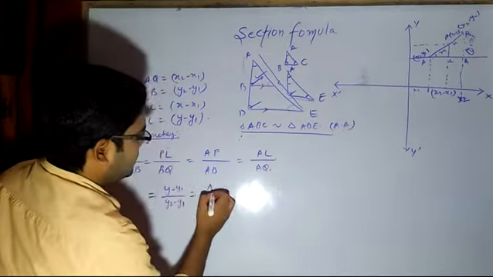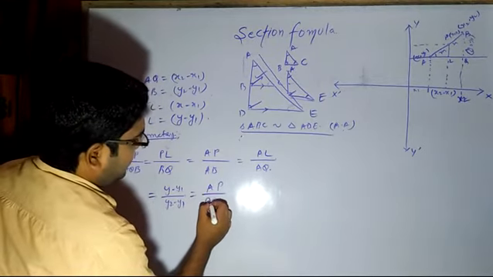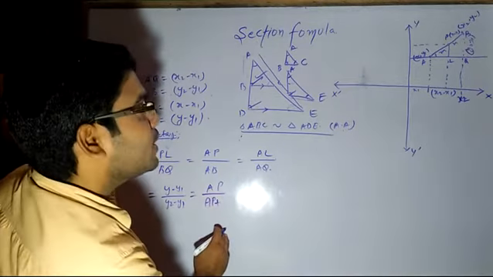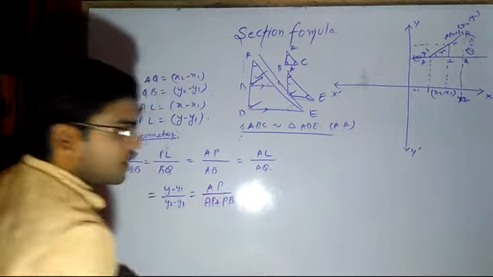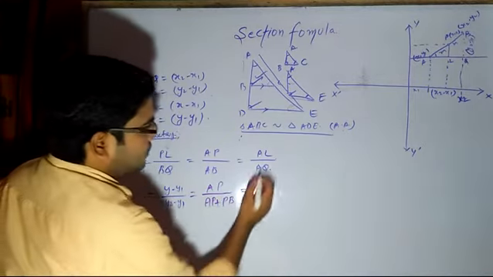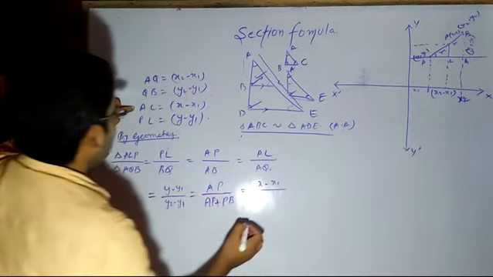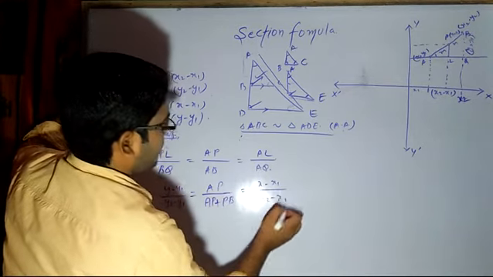AP will be as it is AP. In place of AB, I can write it as AP plus PB. Correct? AP plus PB. Now AL is x minus x1 upon AQ, x2 minus x1.